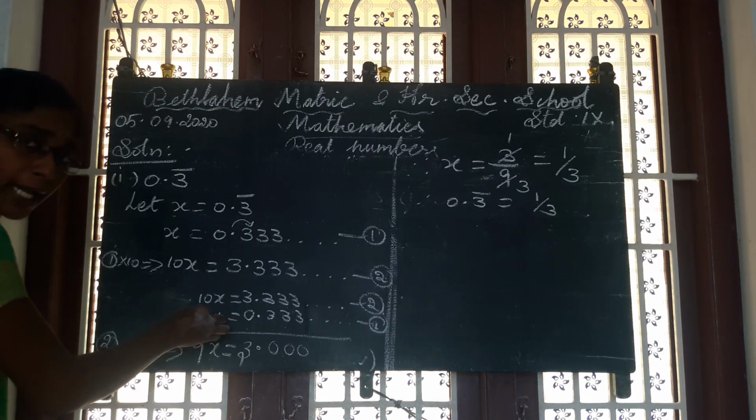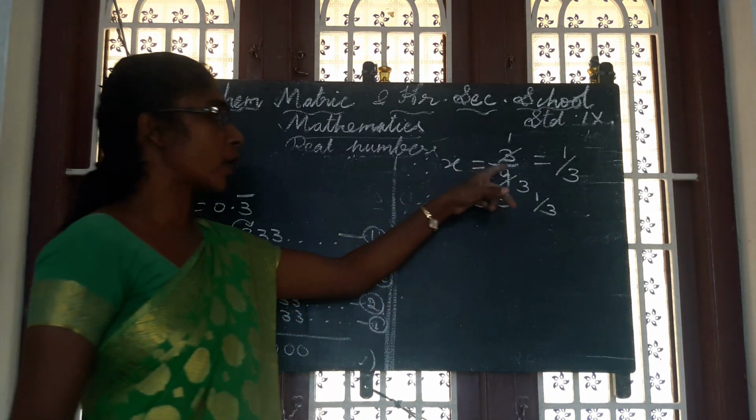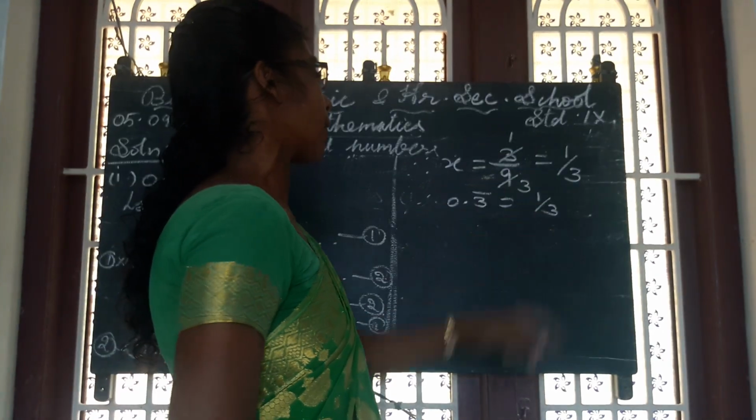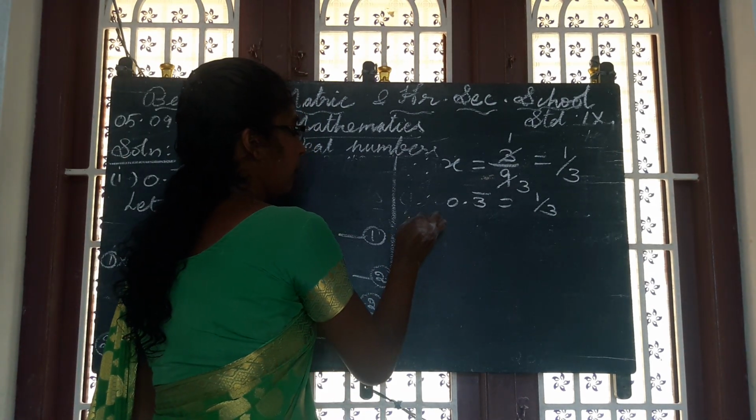So 10 minus 1 is 9. 9x is equal to 3. We are getting x is equal to 3 by 9 is equal to 1 by 3. Therefore 0.3 bar is equal to 1 by 3.